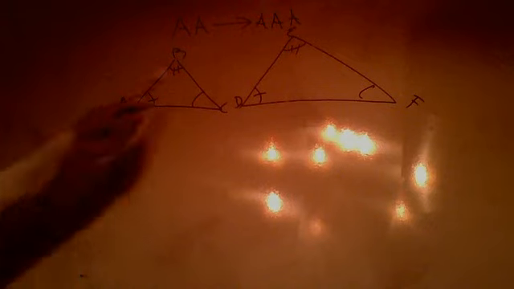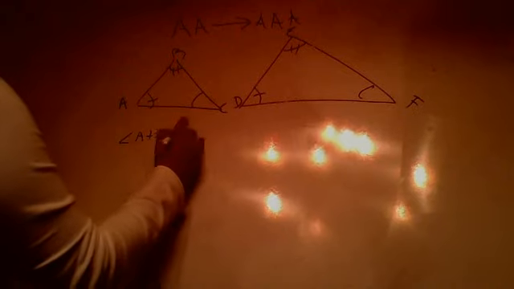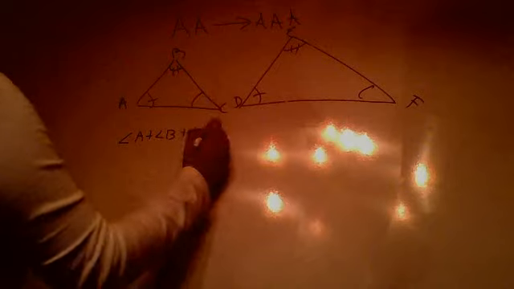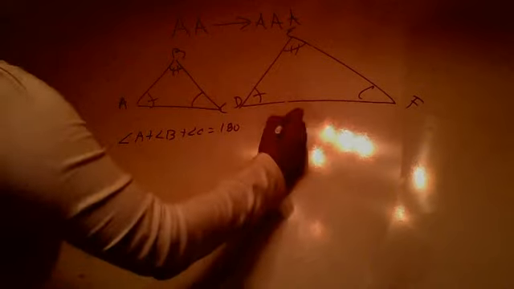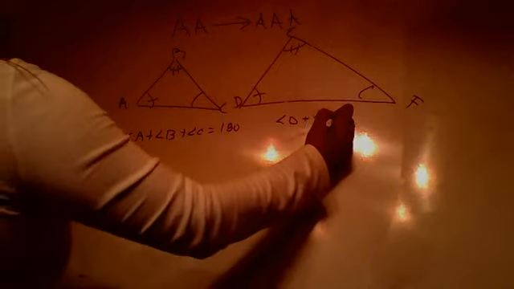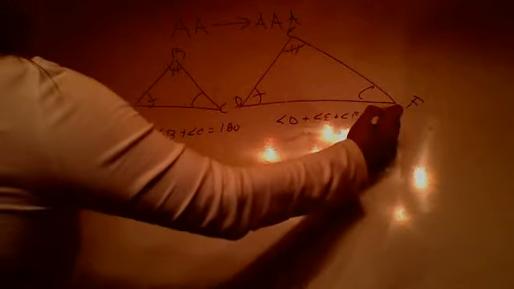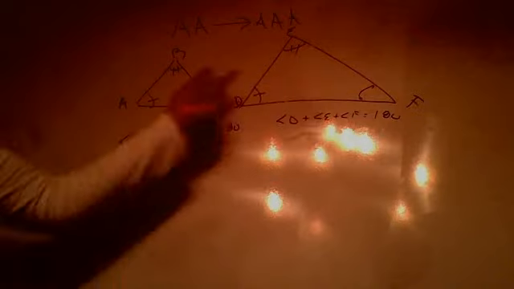So we'll do a simple 3-step proof to prove that. The sum of angle A plus angle B plus angle C equals 180. And angle D plus angle E plus angle F also equals 180. Now we're saying that these two are equal.